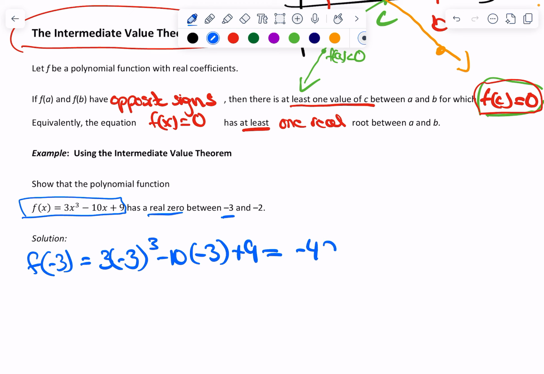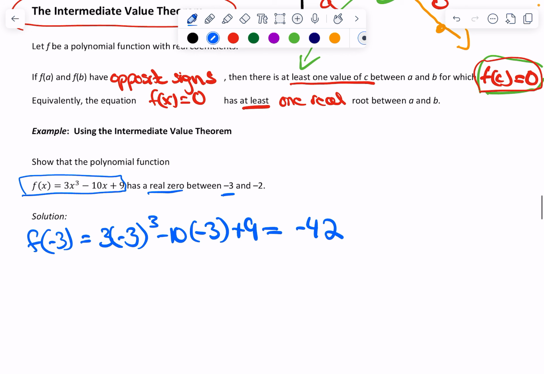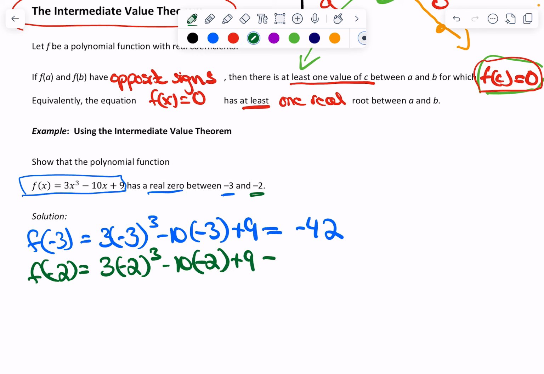We get negative 42. Now we're going to do the same thing for negative 2. So f of negative 2 is 3 times negative 2 cubed minus 10 times negative 2 plus 9, which is 5, and it's a positive 5.